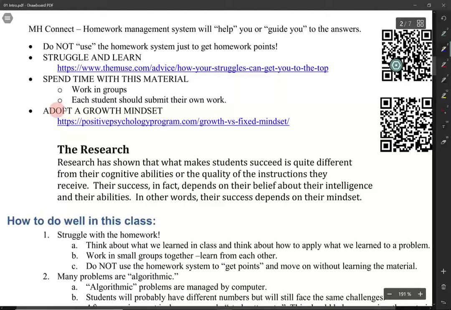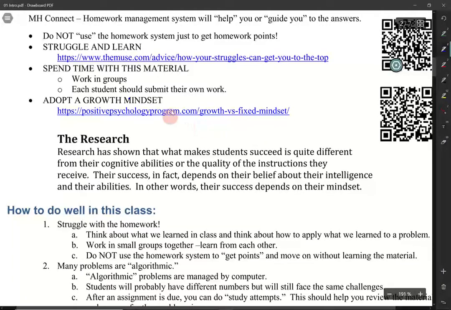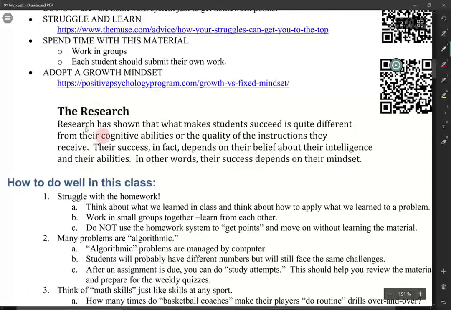Finally, I want to introduce you to this concept called the growth mindset. The contrast would be the fixed mindset. The growth mindset is the good one. The fixed mindset is the one that you don't want to have. Here's one article of many on this topic. One paragraph from that article says that research has shown that what makes students succeed is quite different from their cognitive abilities or the quality of the instruction they receive.